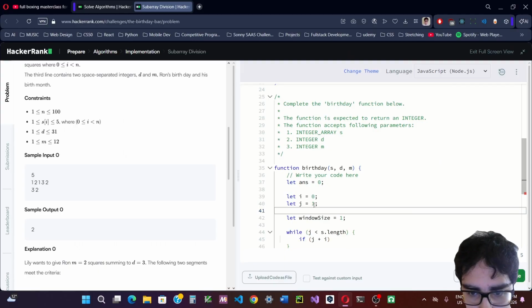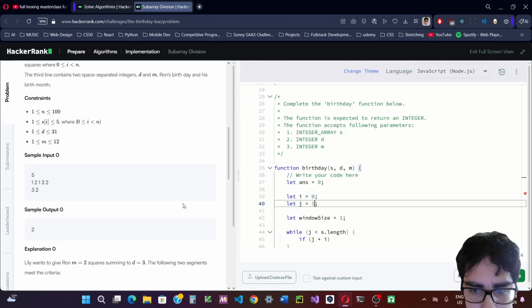Because it could be 2 2 2. This window is of size 2.